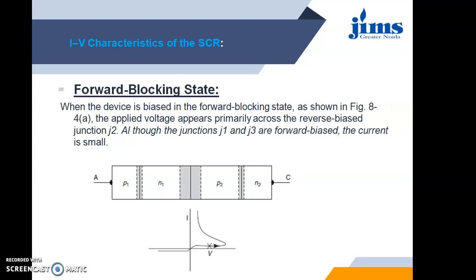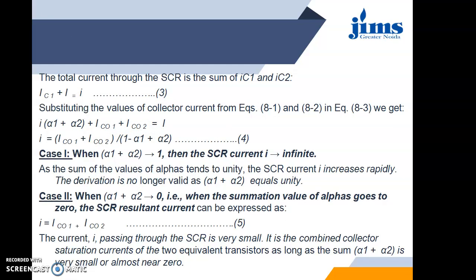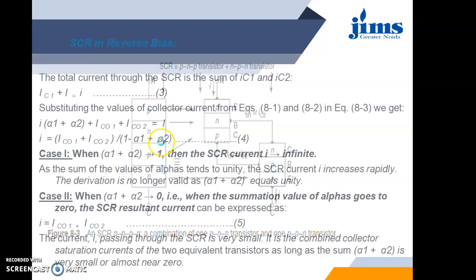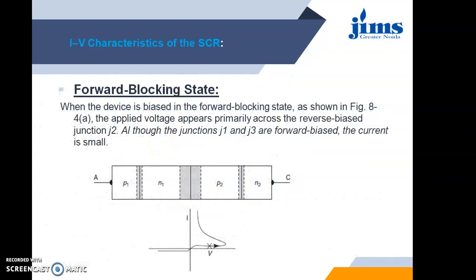So in that case, the junctions J1 and J3, if I say that the first junction is J1, then J2, then J3, J1 and J3 will become forward biased, whereas J2 will become reverse biased. Forward biased junctions have a small depletion width, whereas the reverse biased junction has a large depletion region.